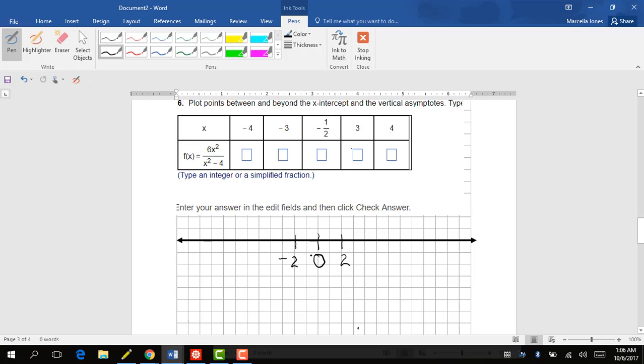I want to pick values in between these, and the table has chosen negative 1/2. And also negative 3. You want something beyond the asymptotes. And negative 4.